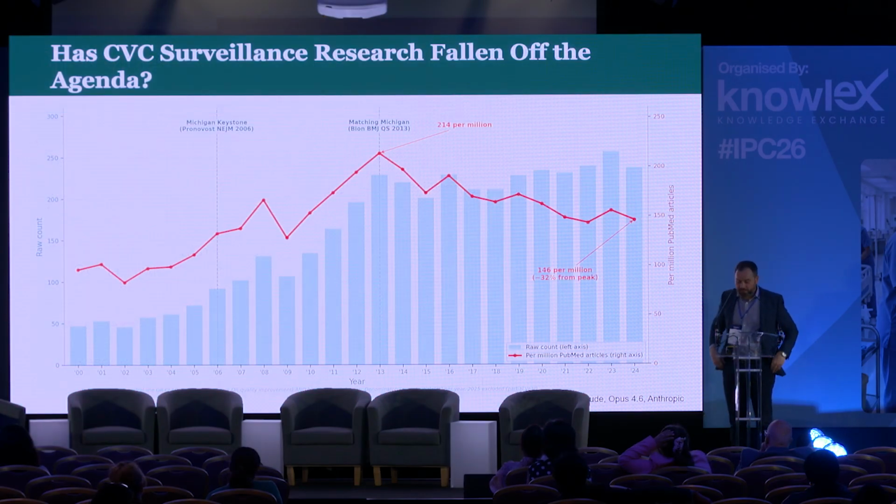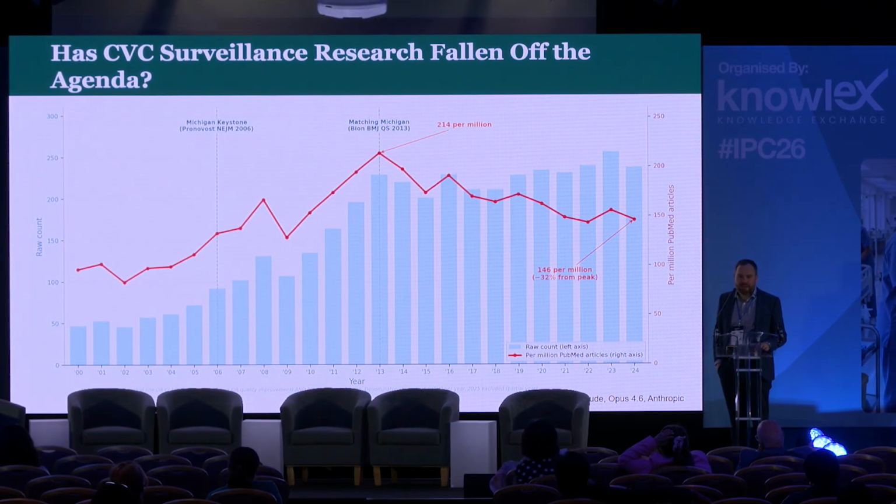Just as a little hobby project: when the Matching Michigan program was happening, there was a lot of interest in prevention of central line infections, and it feels like it has possibly dropped off the agenda a little bit. I don't know if people use AI much, but I thought this would be a good question for AI.